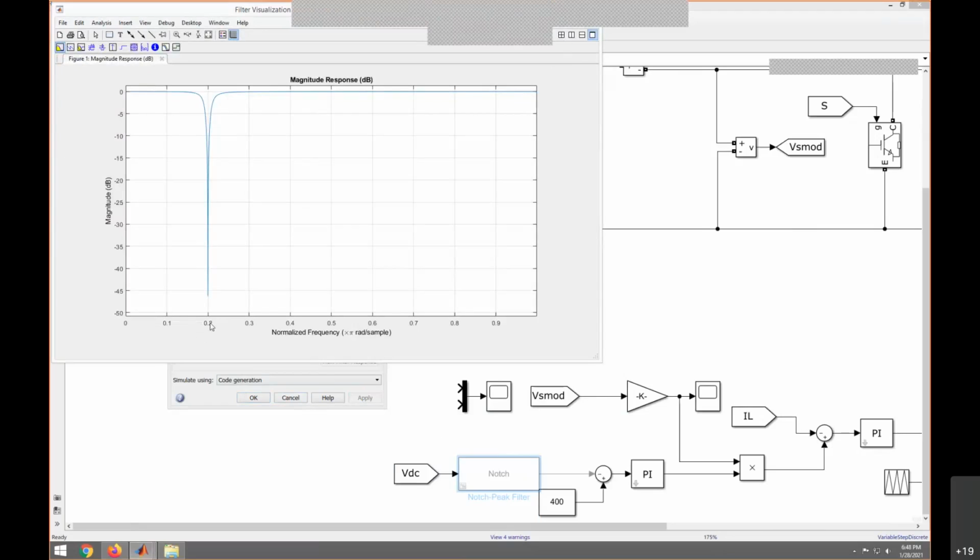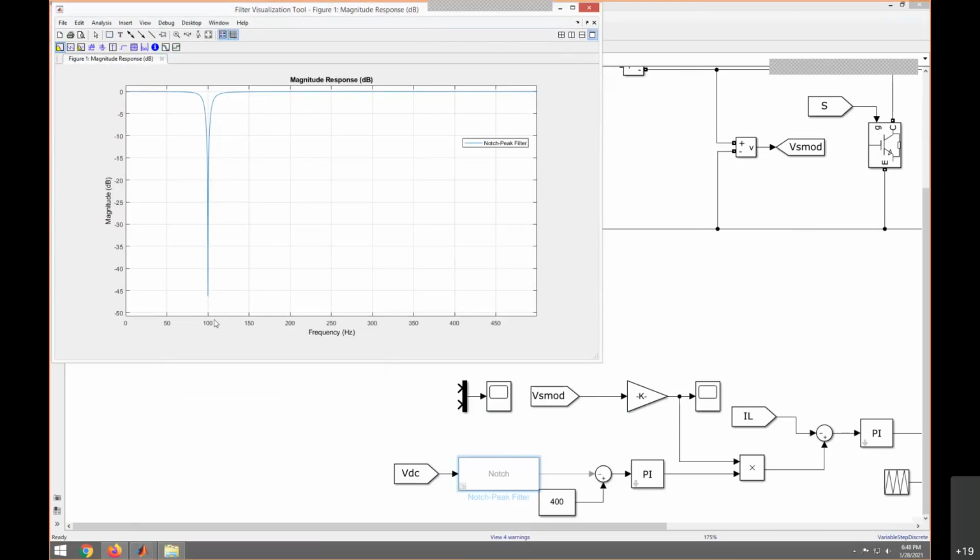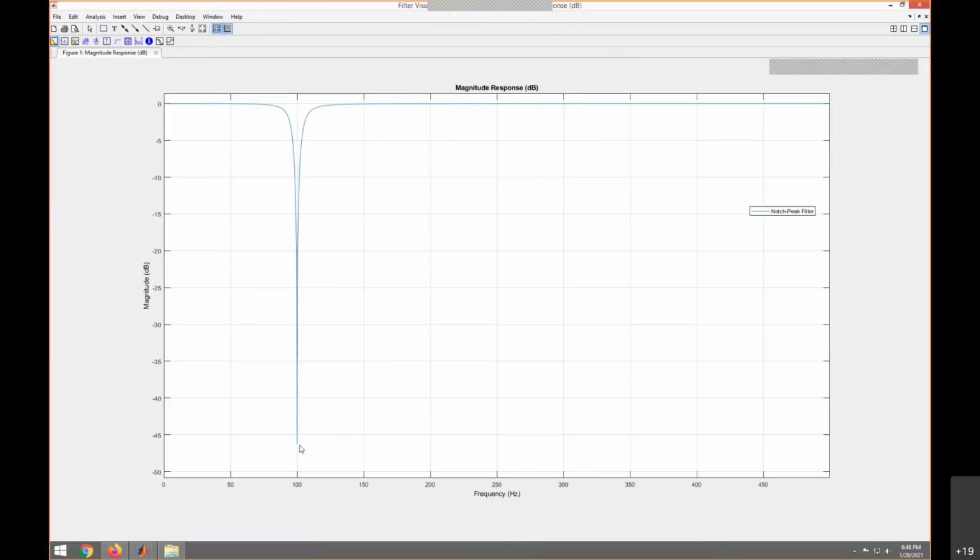See here, this corresponds to 0.2, that is normalized, that is 2%. This is 100 Hz. So we have this notch here, and at this frequency it is minus 45 dB, so this frequency is reduced. Corresponding to 100 Hz, this is the notch frequency. The rest of the components it is allowing, so only the 100 Hz components are trapped inside this filter.